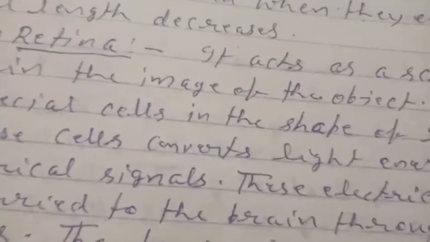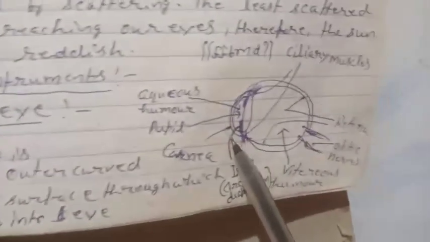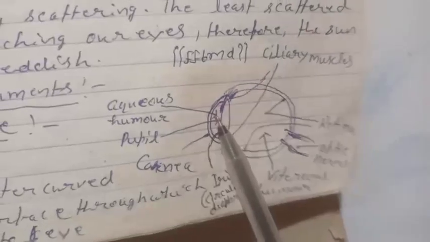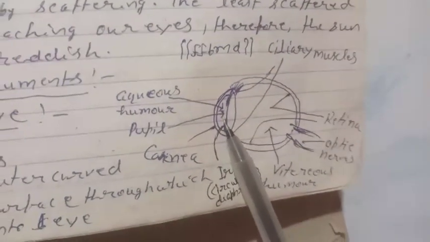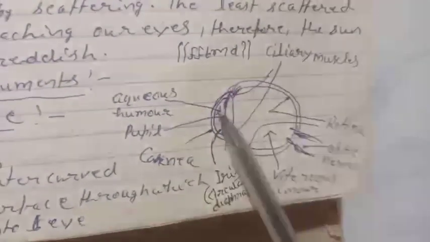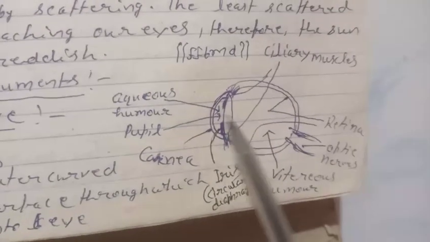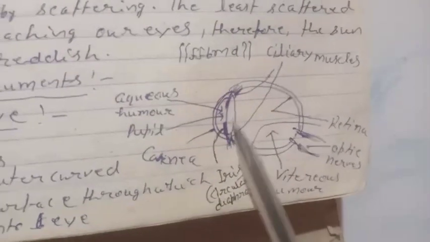Let us first see the structure of the eye. Here is shown the structure of the eye. The outer part is cornea, and then this is the aqueous humor, and this is the ciliary muscles which control the light coming in the lens.